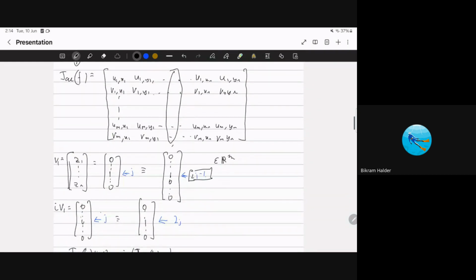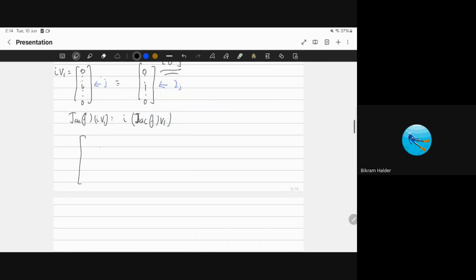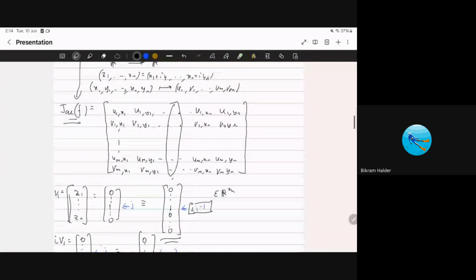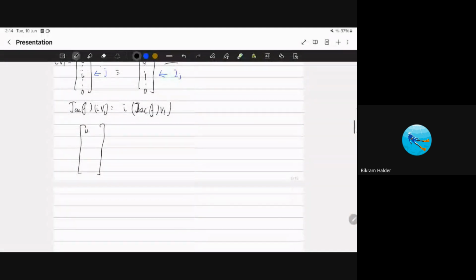So when I multiply the Jacobian of f with this vector, the resulting vector will have the following form. We pick the xjth column from this matrix. So we have u1 xj, v1 xj, and so on till um xj and vm xj.